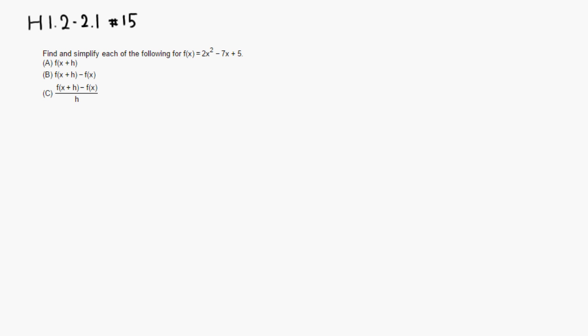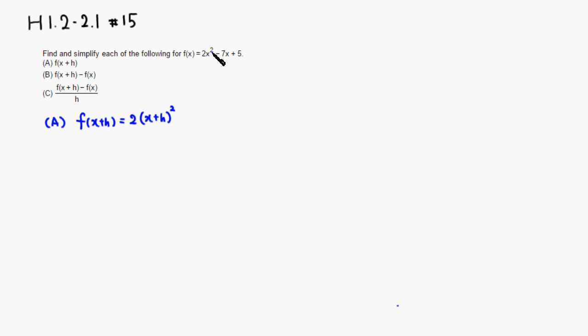So for part A, f of x plus h. Alright, so let's find that. All you have to do is whenever you see x, we're going to put x plus h instead. So f of x plus h is going to be equal to 2 times quantity x plus h squared.